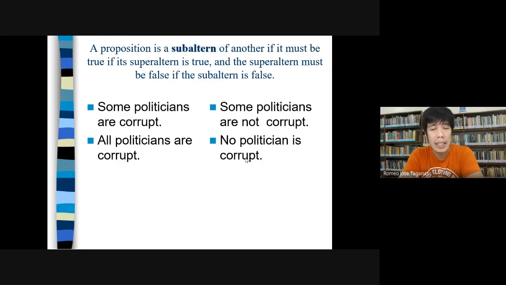Kung tama ang E proposition, tama sigurado ang O proposition. Ibig sabihin, kung tama ang superaltern, tama rin ang subaltern. Kung mali ang superaltern, mali rin ang subaltern. Yan ang ibig sabihin at explanation ng square of oppositions.